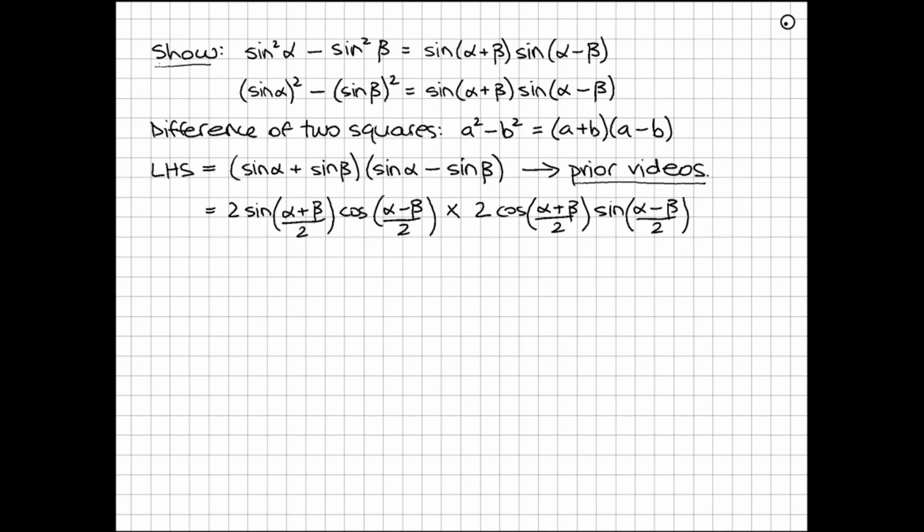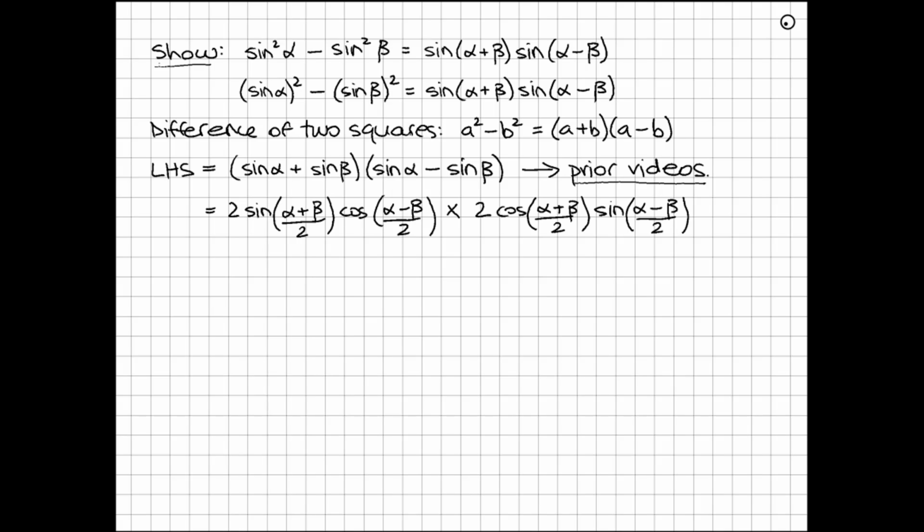Again, if you haven't watched them, it might be worth taking a look just to see how we get there. Now, I'll bring the sine alpha plus beta on 2 and the cos alpha plus beta on 2 together, and then the alpha minus beta on 2 items together, which we can do because everything's being multiplied, so the order doesn't matter.